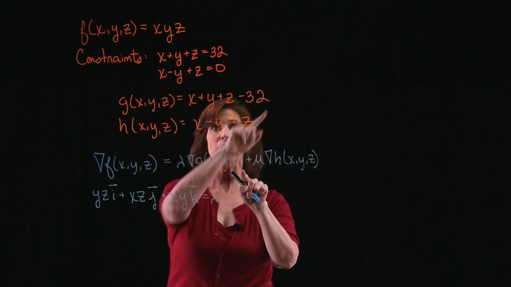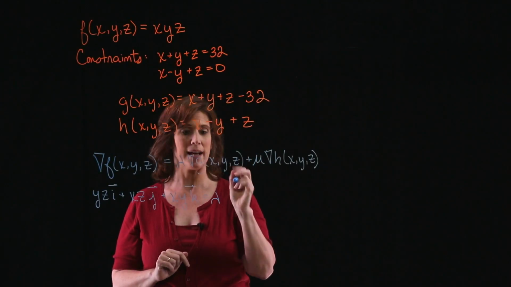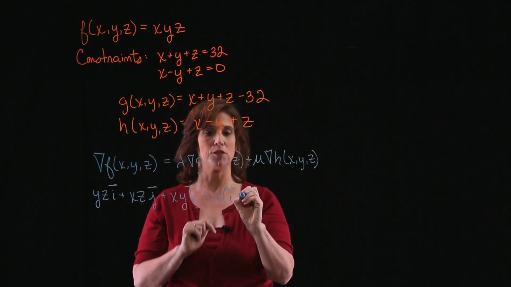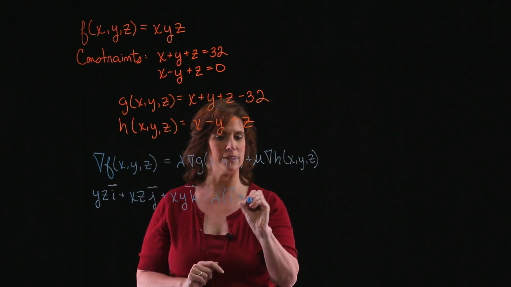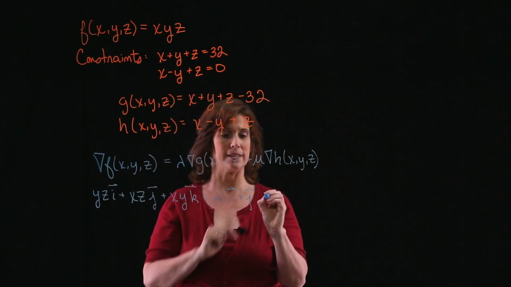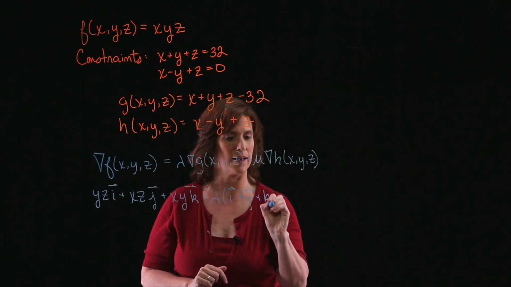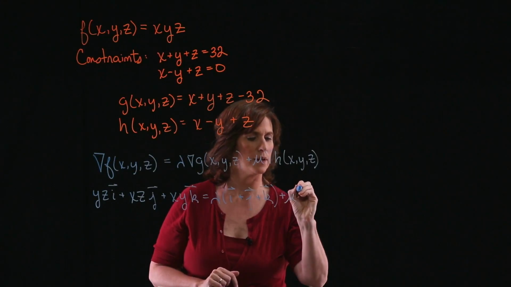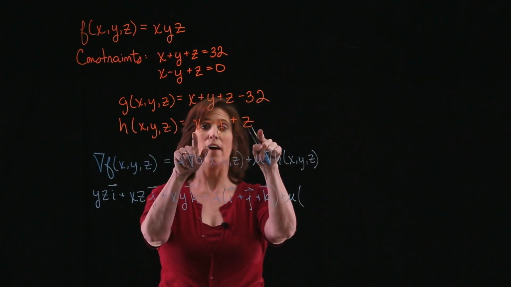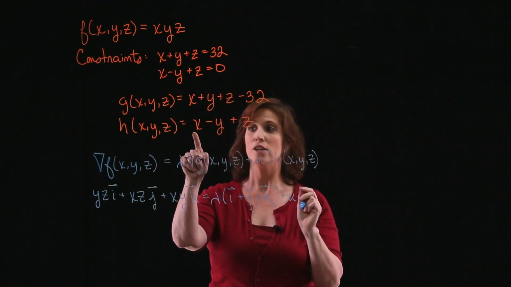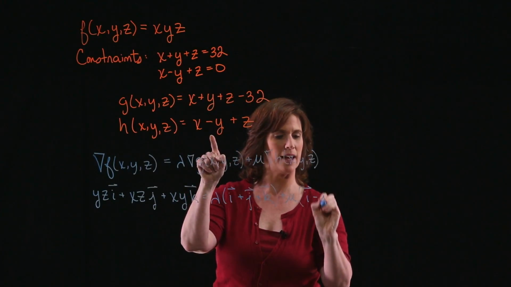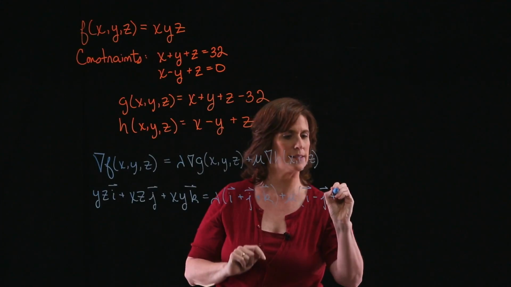So the partial of g with respect to x is just going to be i, with respect to y will be 1 times vector j, with respect to z will be 1 times vector k. Then I'll add mu times the gradient of my function h. So that's going to be i minus j plus k.